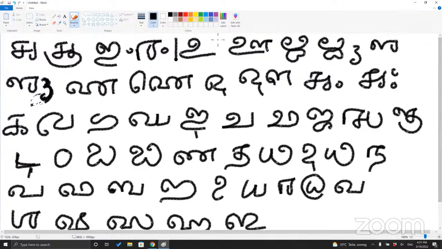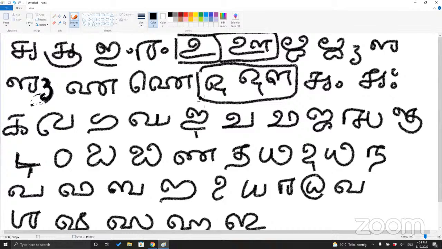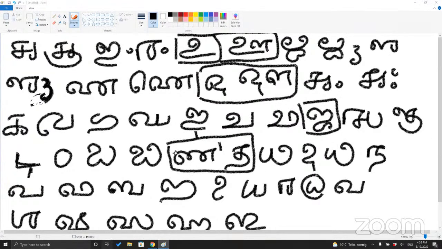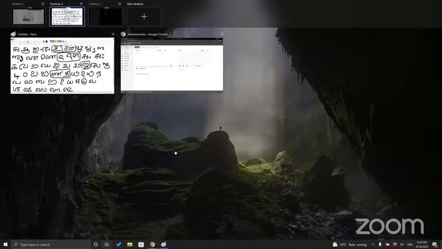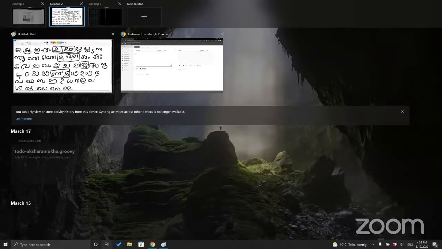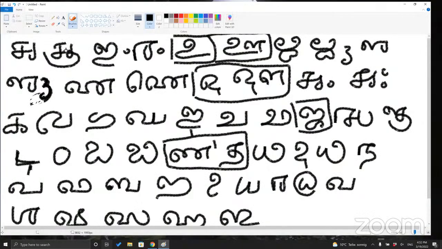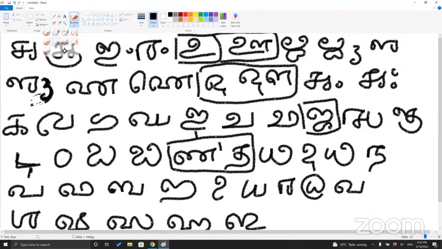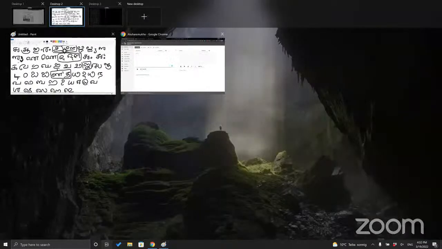Okay, this is same as Tamil. This is pretty much similar to Tamil. This is same as Tamil. This thing is same as Tamil. Again, this is what's happening. Good.